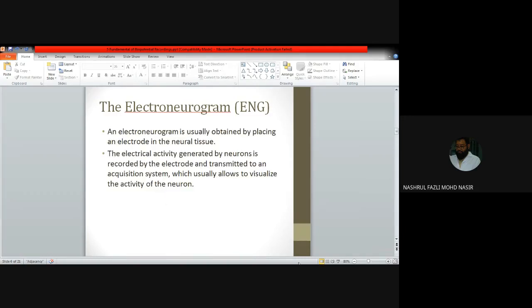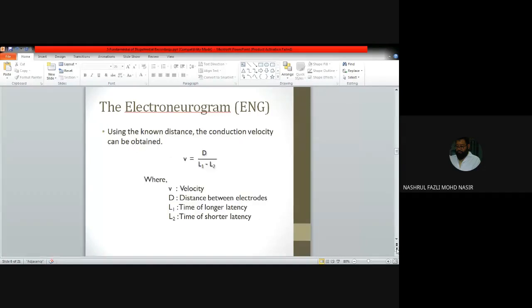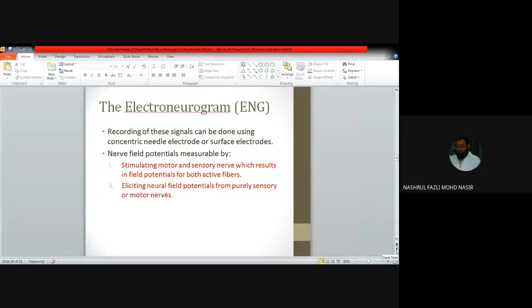This statement is a very strong and powerful statement. So electrode means you can imagine whether you use a needle electrode or a surface electrode.